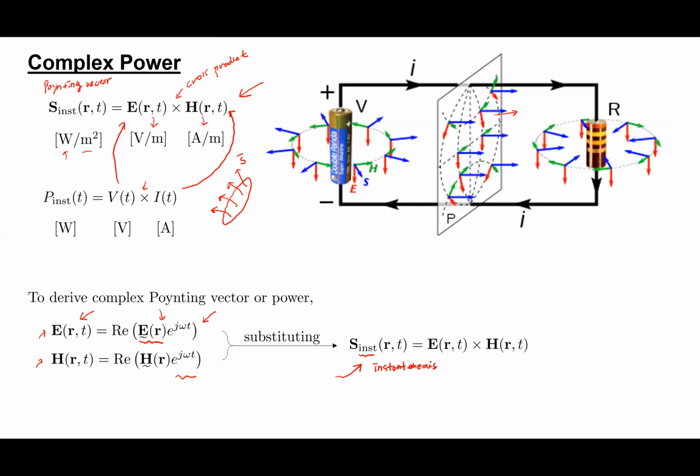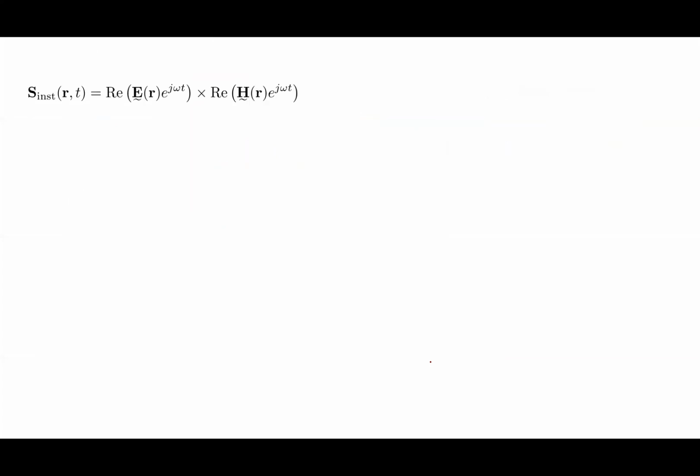So then the instantaneous power is just a cross product between two phasors, and from this to this equality, we can use that.